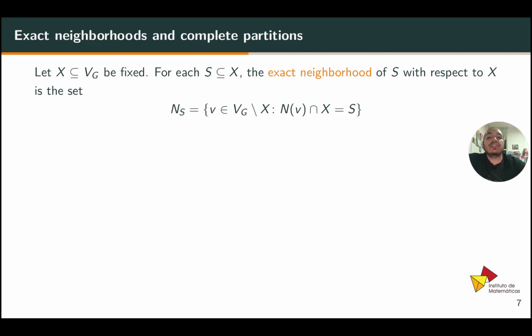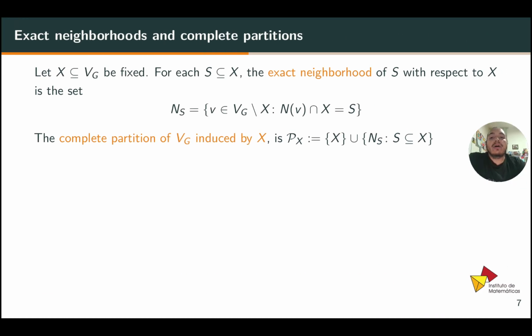For each subset S of X, we define the exact neighborhood of S with respect to X as the set of all the vertices of the graph which are not in X, such that when we restrict their neighborhood to the set X, it is precisely S. And we define the complete partition of the vertex set induced by X as the set P sub X, which contains as elements the set X and also all the exact neighborhoods of the subsets of X. Let's check an example.